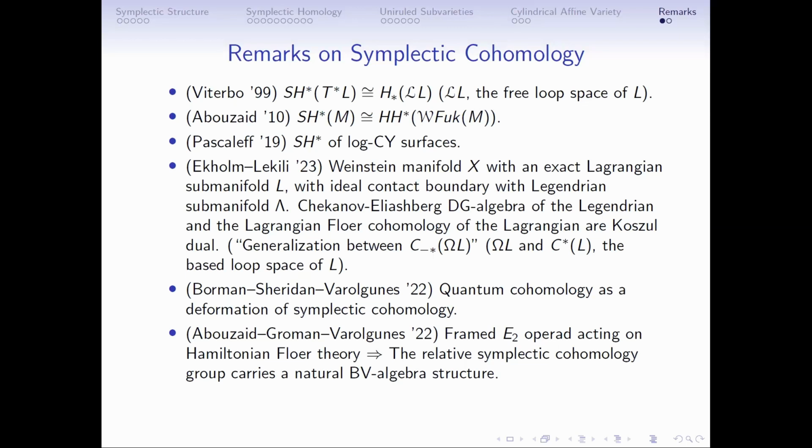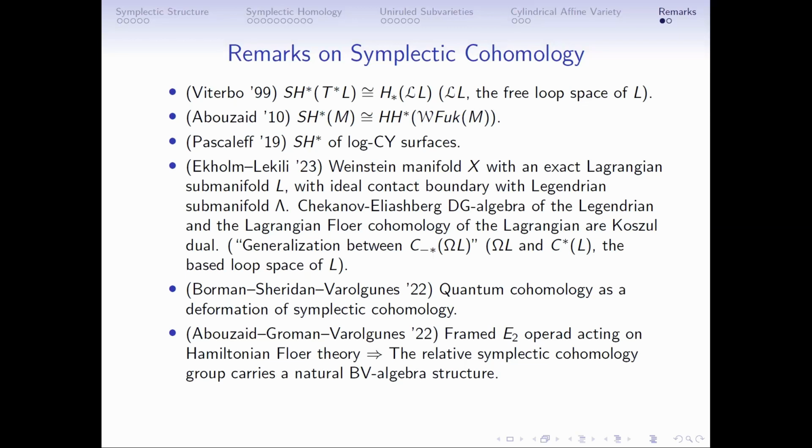An example is a ribbon graph inside a punctured Riemann surface, and there is a Legendrian in the contact boundary corresponding to the Lagrangian.